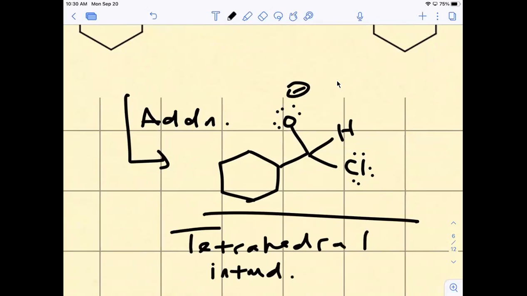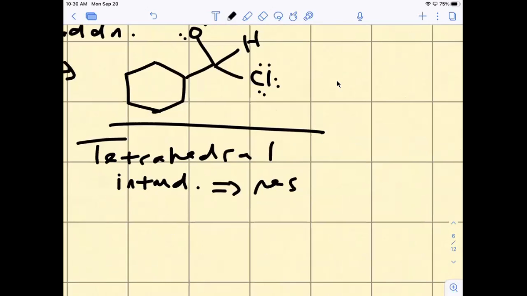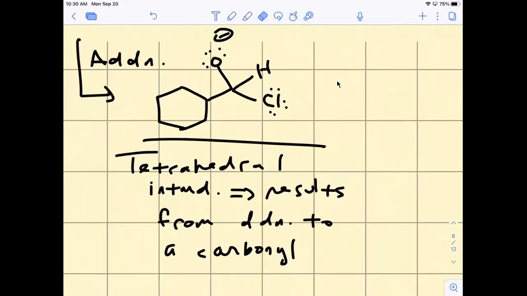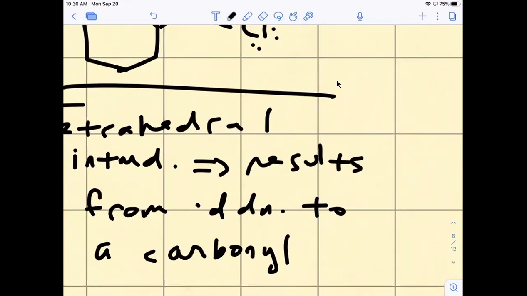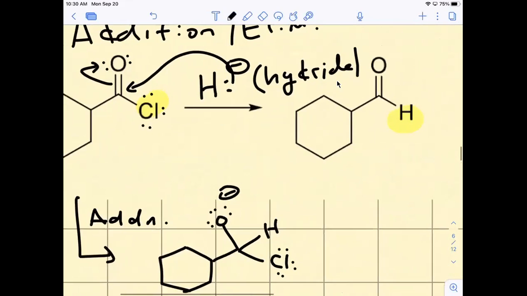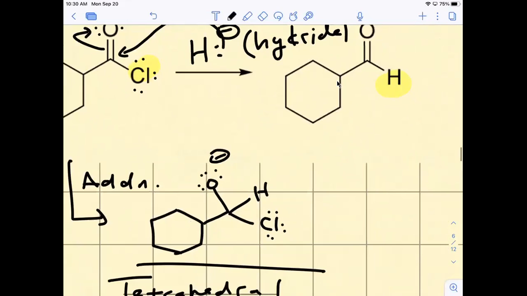That's the result of addition to a carbonyl. So if you have a carbonyl carbon, whether it's a ketone, ester, amide, or aldehyde, doesn't matter, when I add a nucleophile to it, I get this tetrahedral intermediate.